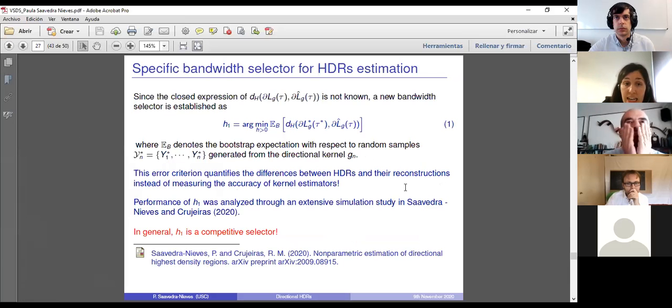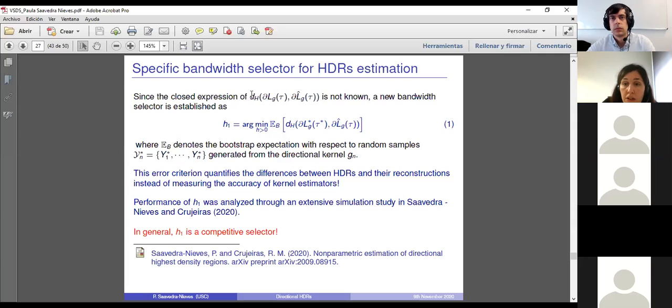And finally, I show you our proposal for selecting the bandwidth parameter. So here the goal is to estimate a highest density region. We would like to minimize the Hausdorff distance between the theoretical highest density region and the corresponding estimator. Concretely, the Hausdorff distance between their boundaries.